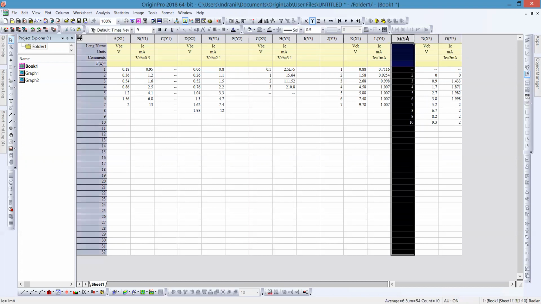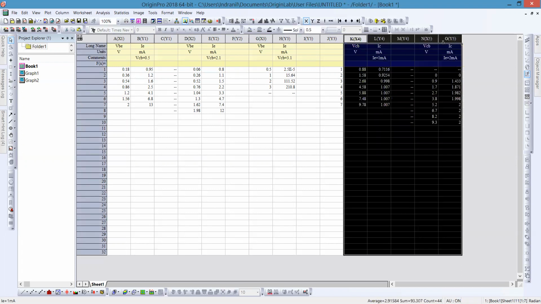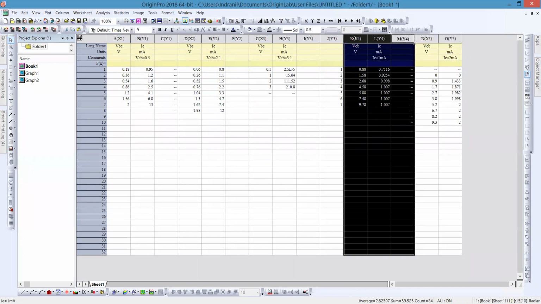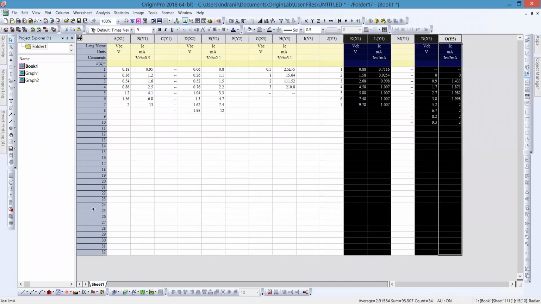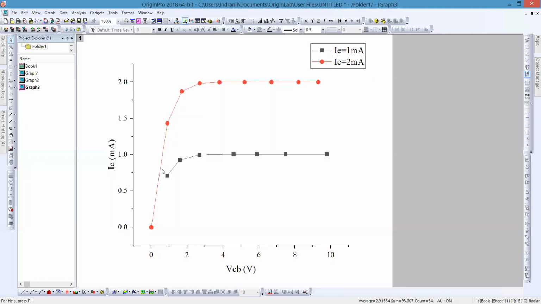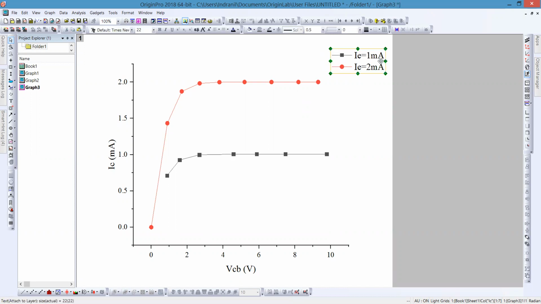Now let's plot it. Yeah. So as you can see, this is a similar variation to what we found in the common emitter mode.